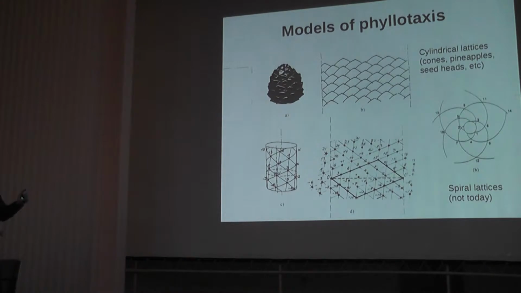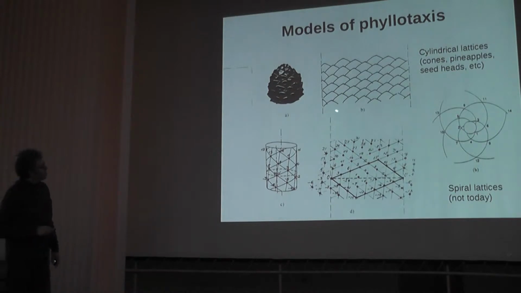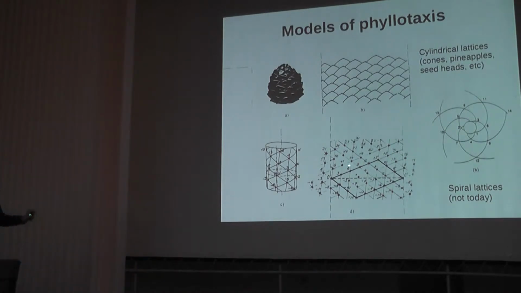All right, so before we get to the question why, let's do a bit of geometry and work on mathematical models of these cones. Clearly, locally it looks like a lattice, but it's a lattice on some curved surface, and the simplest way to model it is to first approximate the surface by a cylinder, and say that it's a lattice which is wrapped on a cylinder.